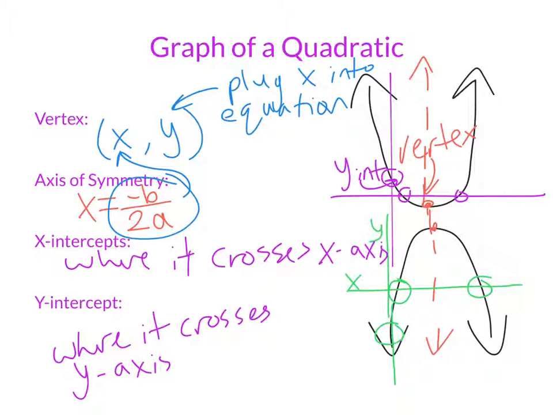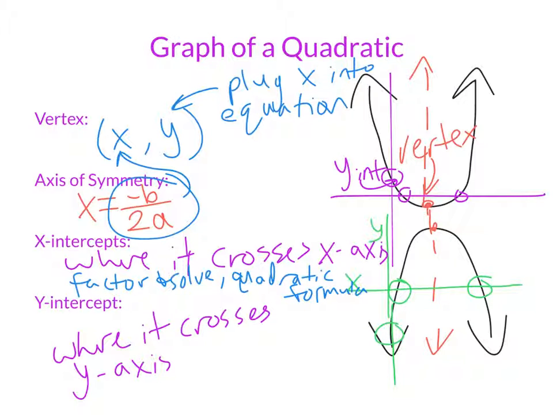Now, how do we figure these things out? How do we get our x-intercepts or our y-intercepts? Well, if you're given an equation, you could factor and solve, or maybe quadratic formula.